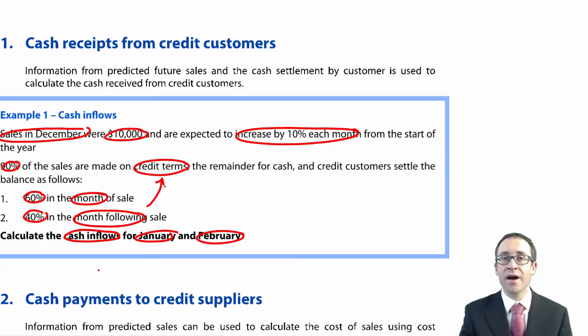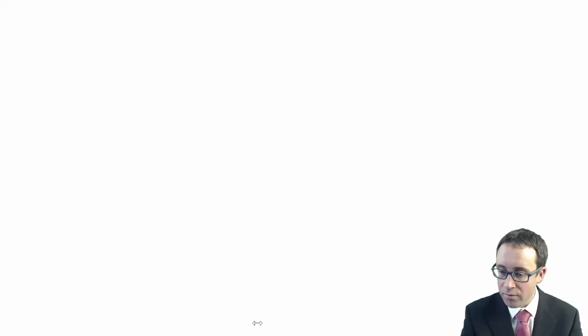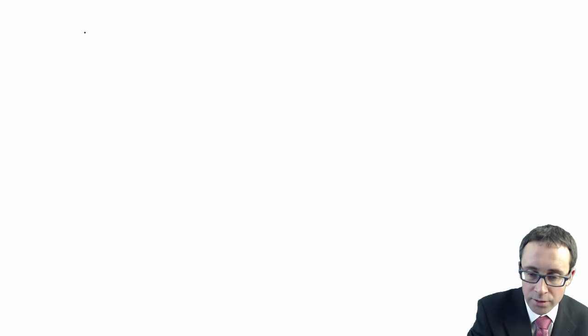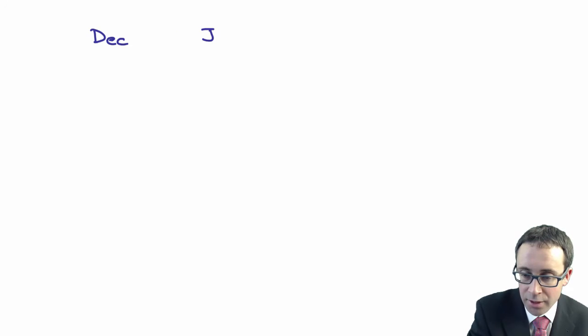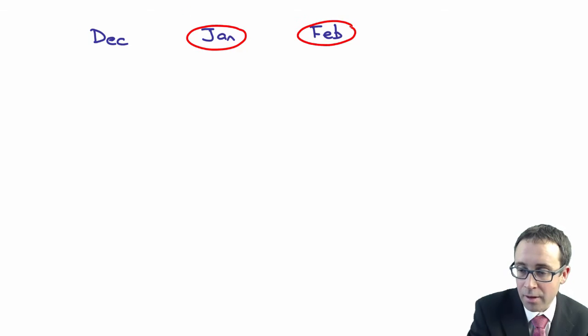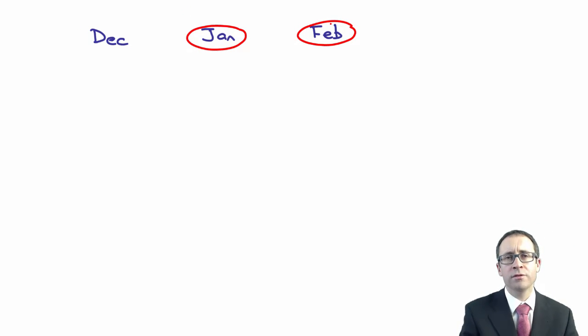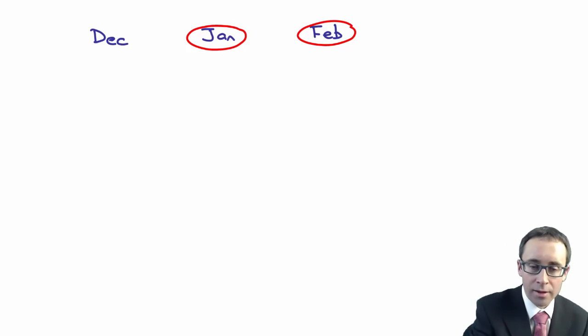So you've got to be very careful there that you don't incorporate the cash sales. So if we piece it all together, let's look at the months. So was it December, January and February? So we're only asked for the cash inflows from Jan and Feb, but we might need the information from December to help us as well.